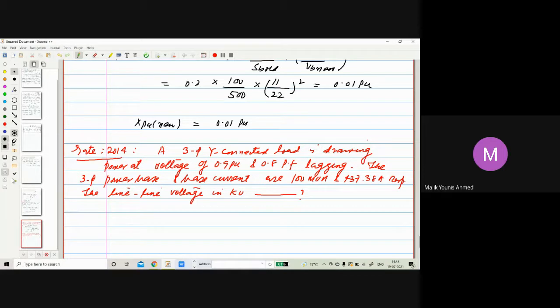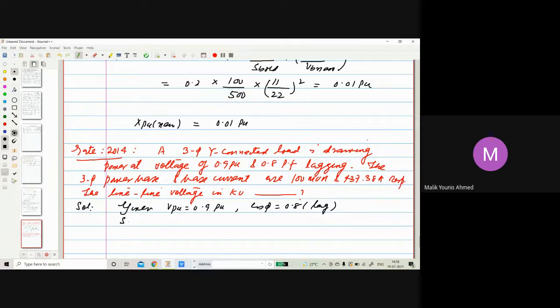So let's do this numerical. A very important numerical, this one. What is given to us? V per unit is given to us: 0.9 per unit. It is very clear from the star connected load. Cos phi has been given: 0.8 lag. Then what else has been given?